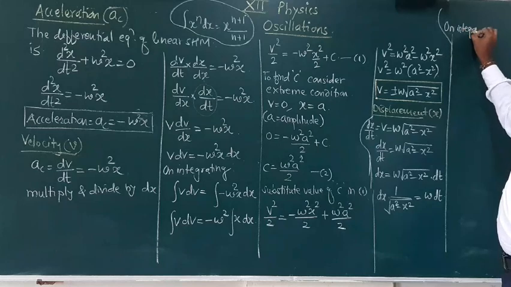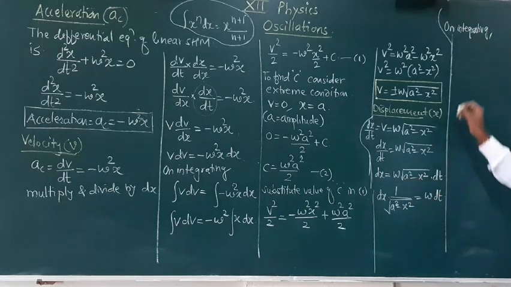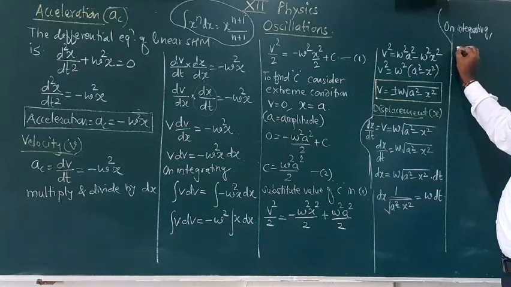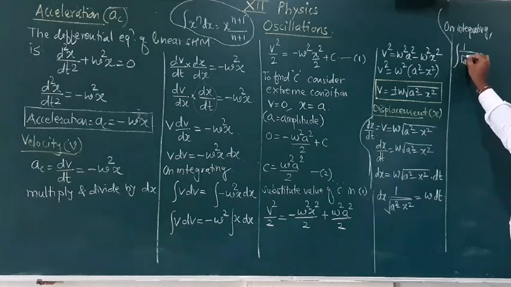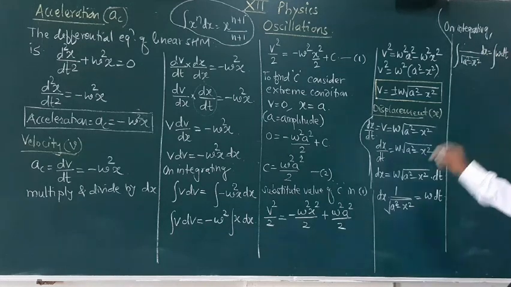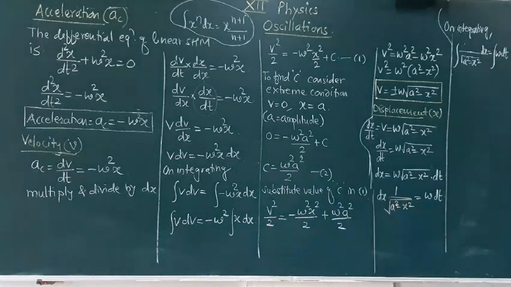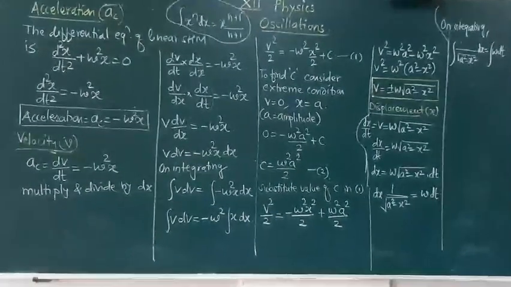On integrating, integration of 1 upon root a square minus x square into dx equals integration of omega into dt. Check whether it is visible to you or not. Yes, it is very clearly visible to you.